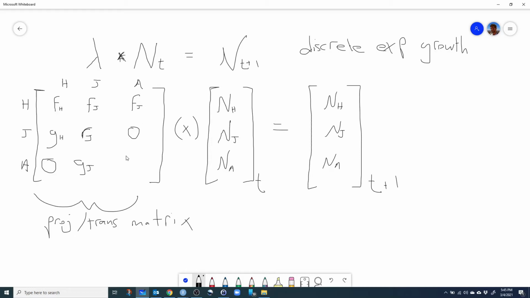And this is the retention of adults, so the probability of an adult this year surviving and remaining in the adult age class next year. All right, so this is our transition matrix, every element representing the transition from whatever the column name is to whatever the row name is next year.